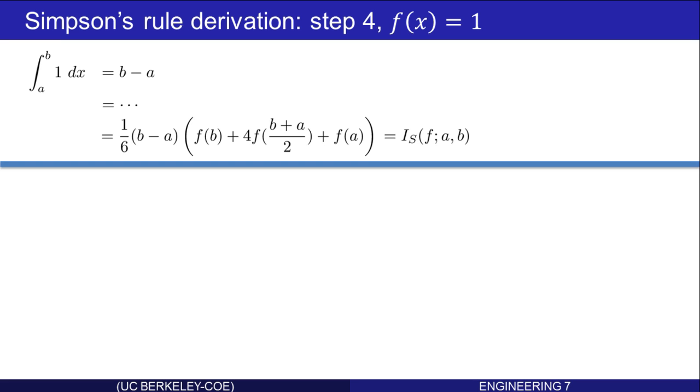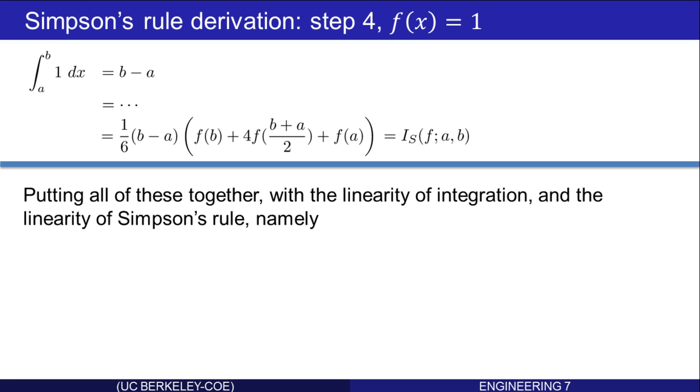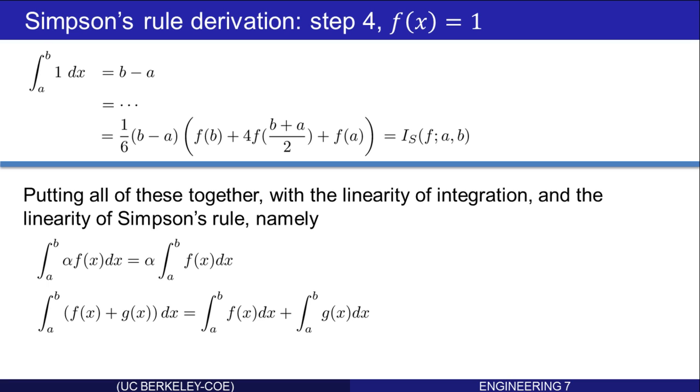And now we can put these pieces together to prove that Simpson's rule is always exact for any cubic function. How will we do that? Well, we remember that integration is linear and Simpson's rule itself is linear. Namely, for integration, the integral of a scalar times a function is that scalar times the integral of the function, and the integral of the sum of two functions is just the sum of the integrals.